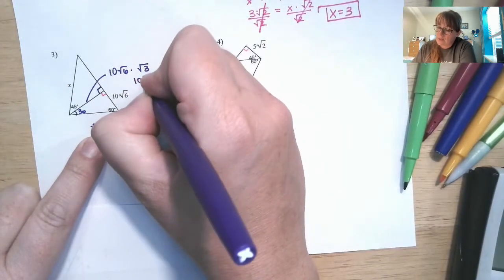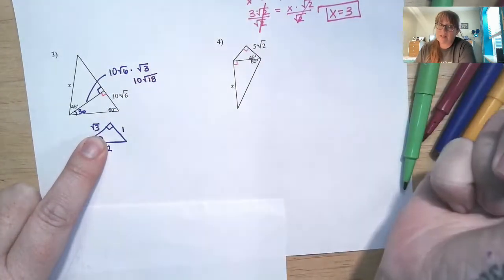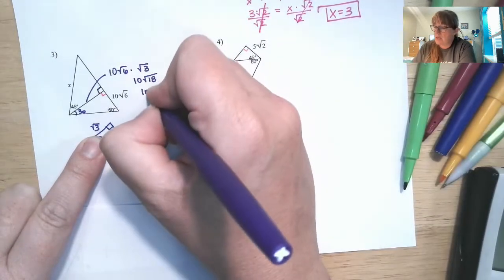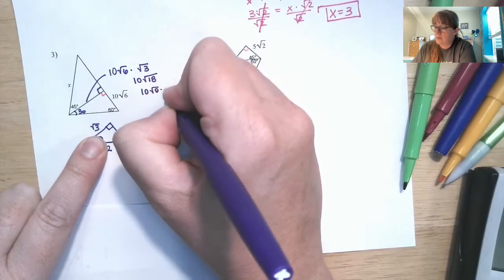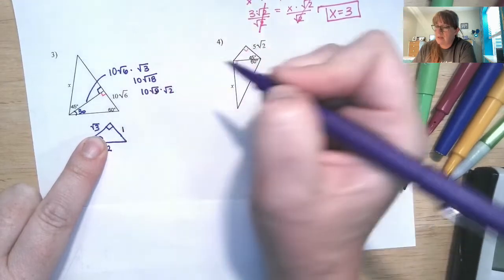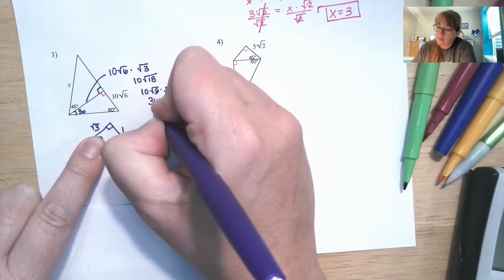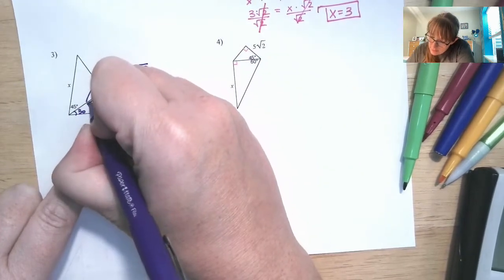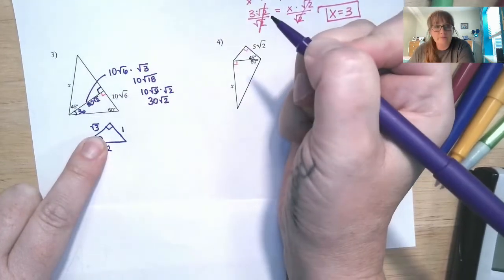So we're going to get 10 square roots of 18. We can simplify square root of 18 to be 9 and 2. So we would get 10 square roots of 9, square root of 2. Square root of 9 is 3. So this would really be 30 square roots of 2. So this side length is 30 square roots of 2.